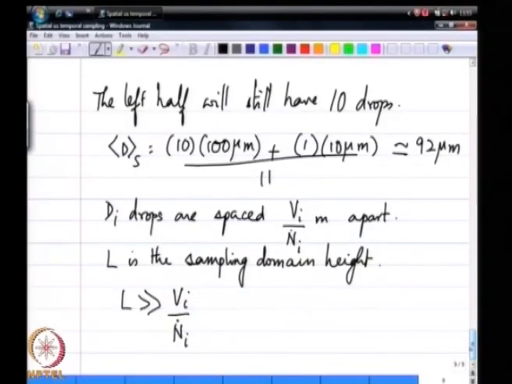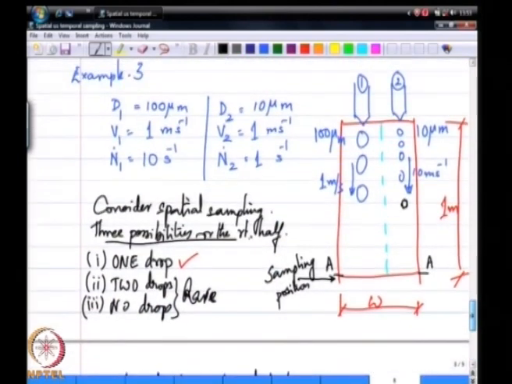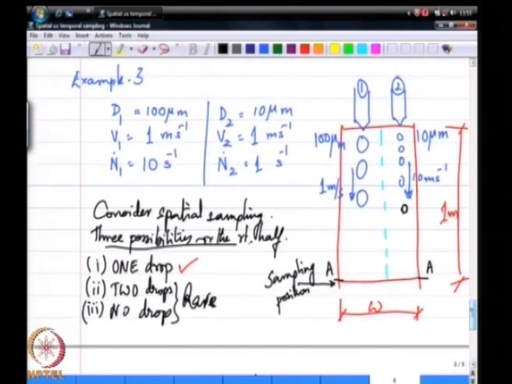If L is very large in comparison to the max of V i divided by N i dot, what you end up seeing is that you will have these kinds of possibilities of whether I have 99 drops or 100 drops on the right hand side as opposed to 1 or 2.